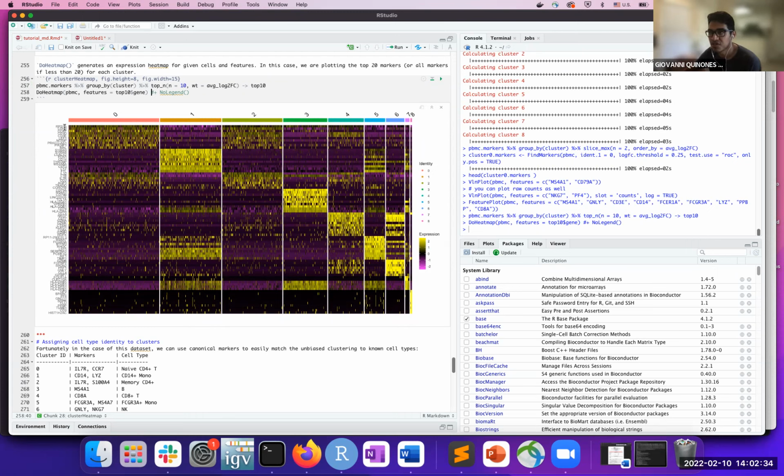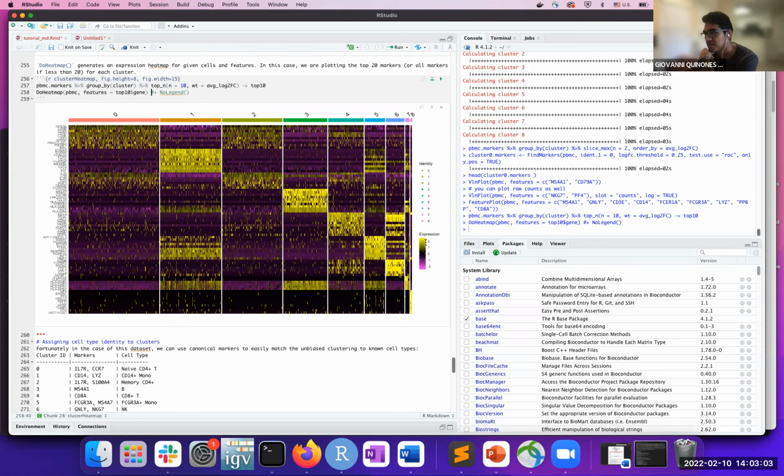This should contain roughly 10 genes times the number of clusters, so 80 genes. What we're seeing here is a clustered heat map where the rows are genes and the columns are cells, and the color of each entry is the expression value.